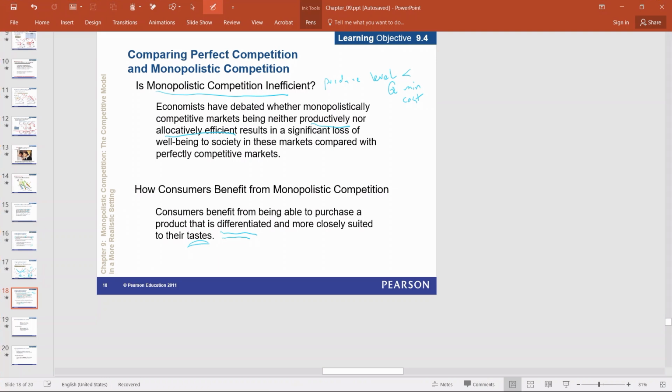But for sure, perfectly competitive market is better than monopolistic market, because perfect competitive market achieves both allocative and productive efficiency. But in monopolistic competition, this market doesn't achieve productive and allocative efficiency as we explained here.